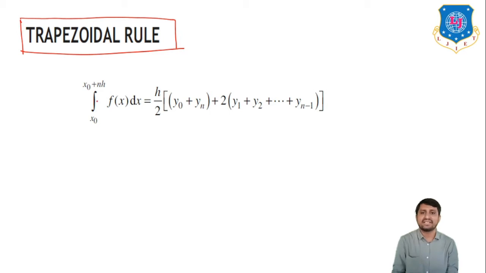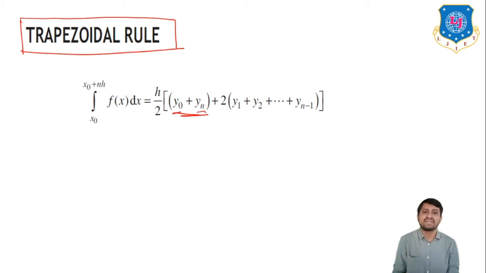Try to understand the formula. The integral from x0 to x0 plus nh of f of x dx is equal to h by 2 times y0 plus yn, plus 2 times y1 plus y2 up to yn minus 1. What are y0 and yn? y0 is the first value of the y table, and yn is the last value.